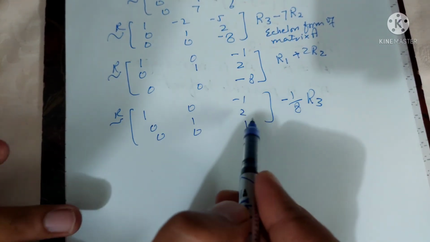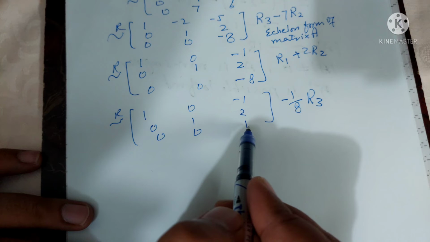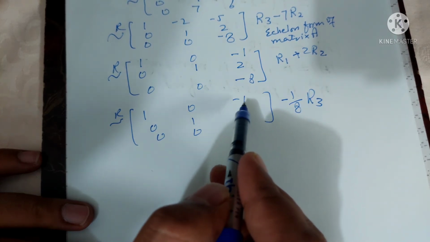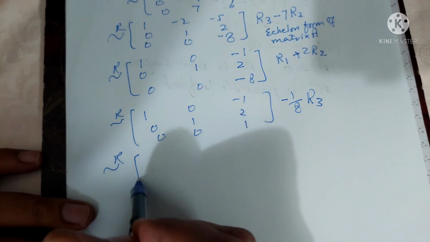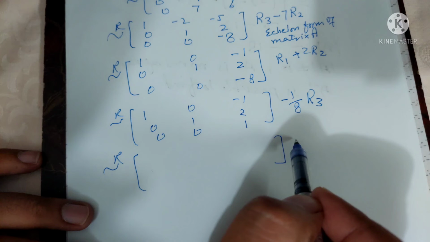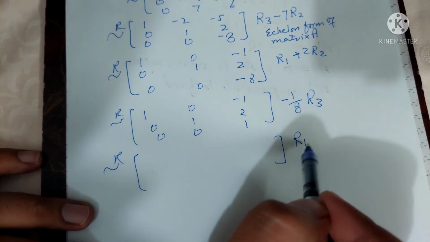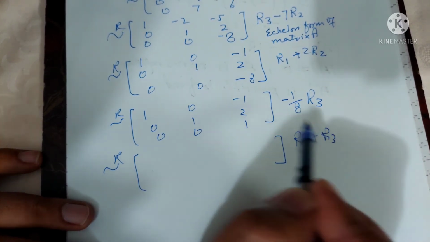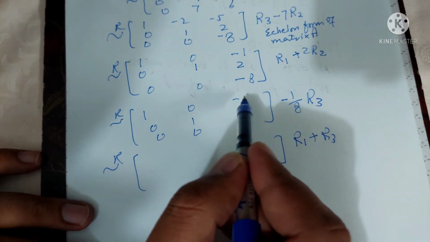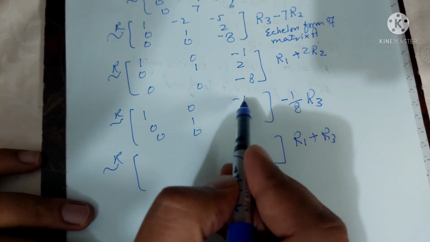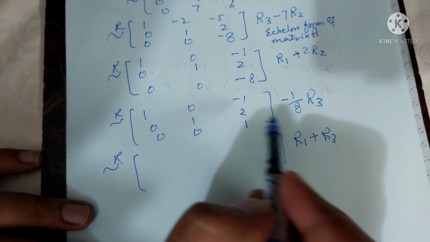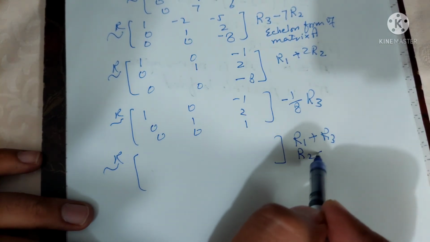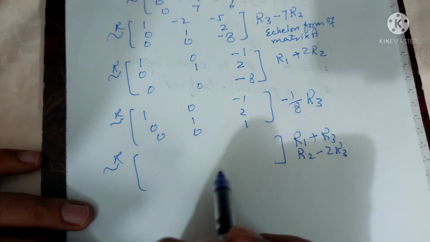Now use this one in row 3 to convert the remaining 2 elements of column 3 into 0. So how can we do it? R1 plus R3, because I'm using that 1 to make this minus 1 zero, and I'm using this 1 to make this 2 zero, right? So I will write R2 minus 2 R3.